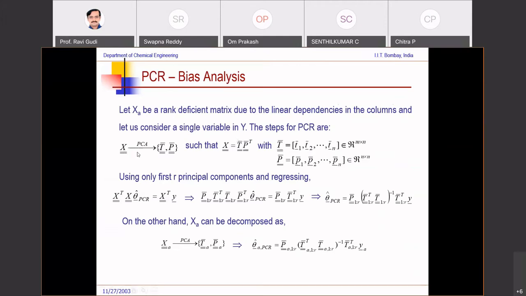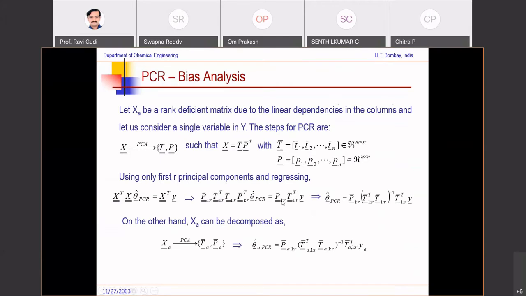Principal components regression does a PCA on the X block, which can be written like this. I pick up the first R scores because those are all linearly independent, and I express X in terms of the scores. So when I do this, X transpose X theta is X transpose Y. I write X transpose X in terms of T, P transpose.